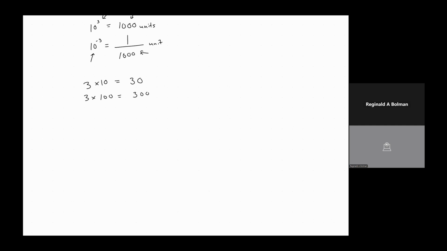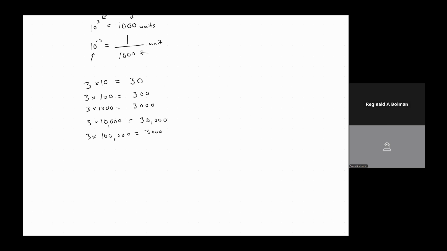So it's almost like the difference between 3 times 10 giving us 30 and 3 times 100 was just that we added an extra 0 to the back end. And of course, 3 times 1,000 gives us 3,000. And 3 times 10,000 gives us 30,000. 3 times 100,000 gives us 300,000.